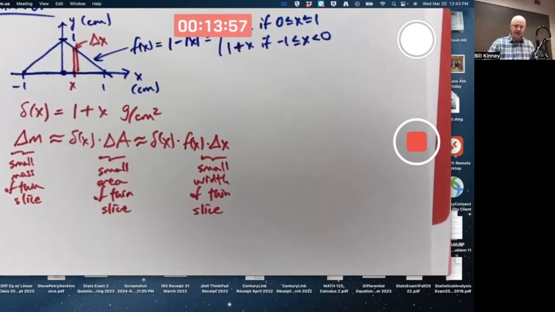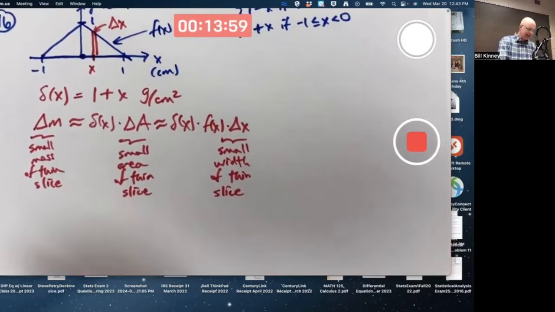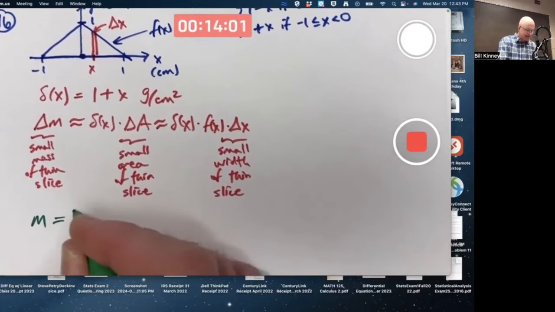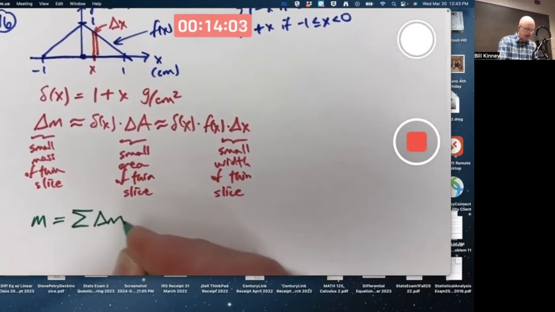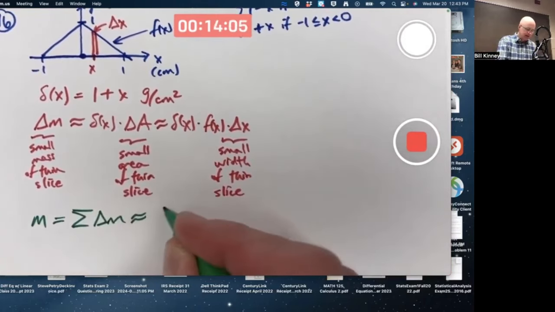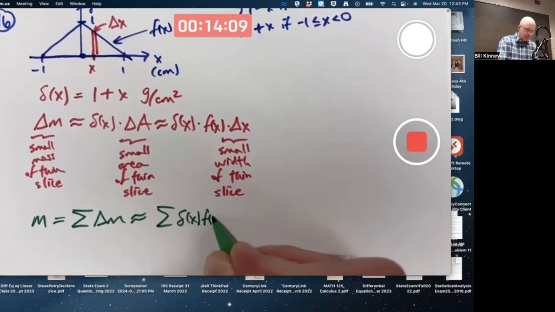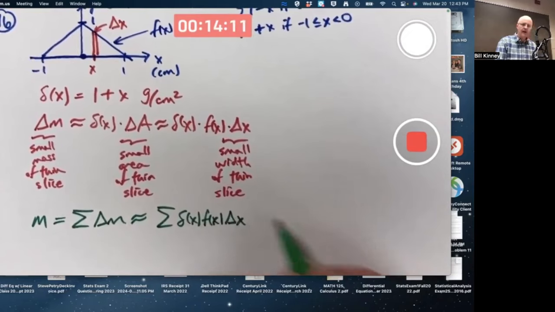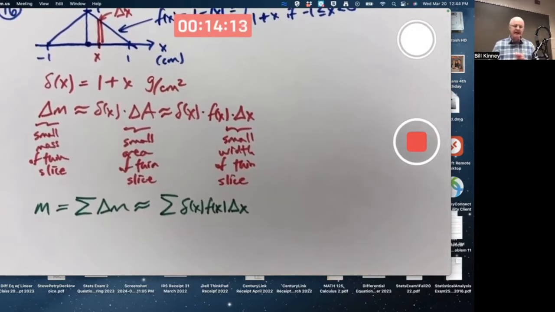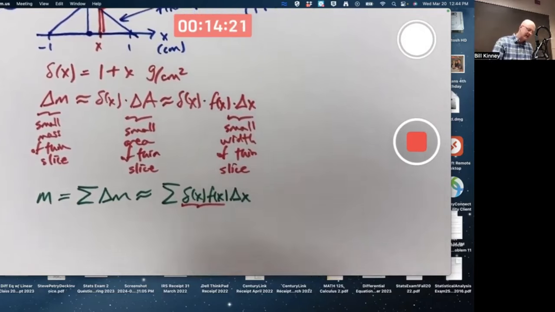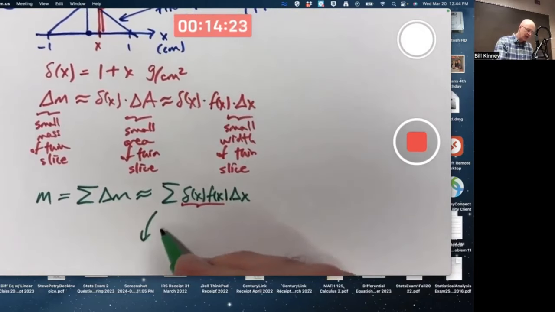From this, we can then figure out the total mass as a sum of the little masses, which is then approximated as a sum of things like this. And then you jump for joy because you look at that and you say, hey, that looks like a Riemann sum for this function. I just now need to let delta x go to 0.